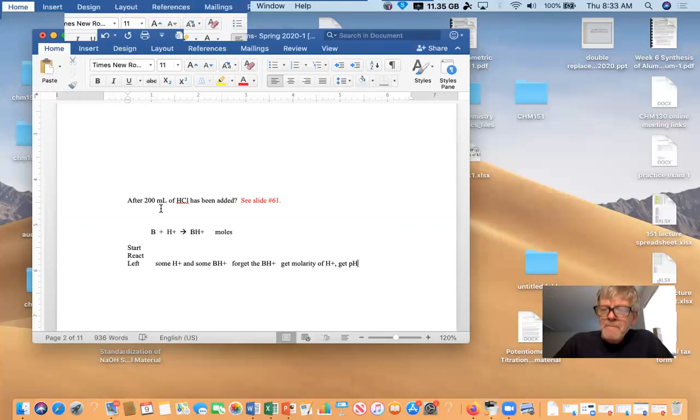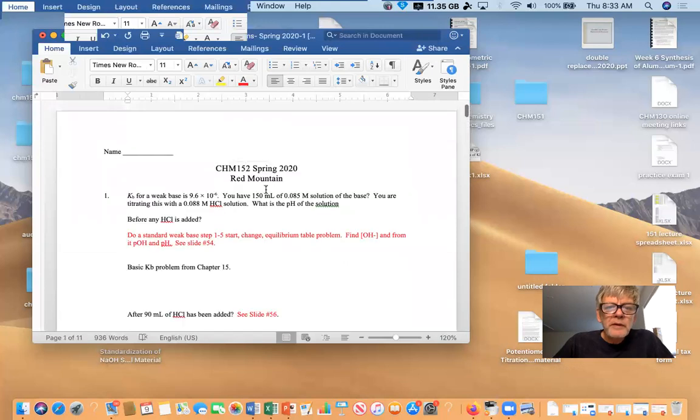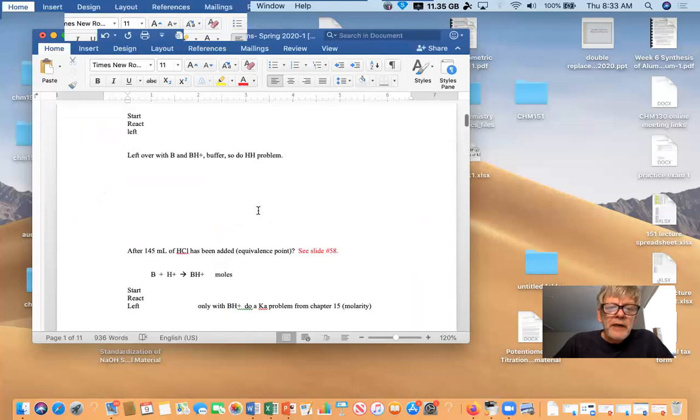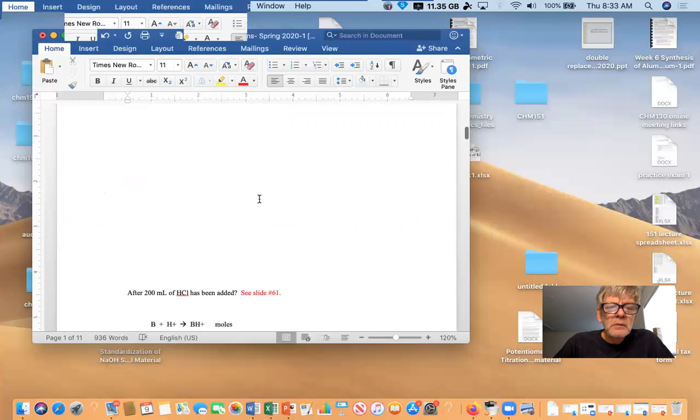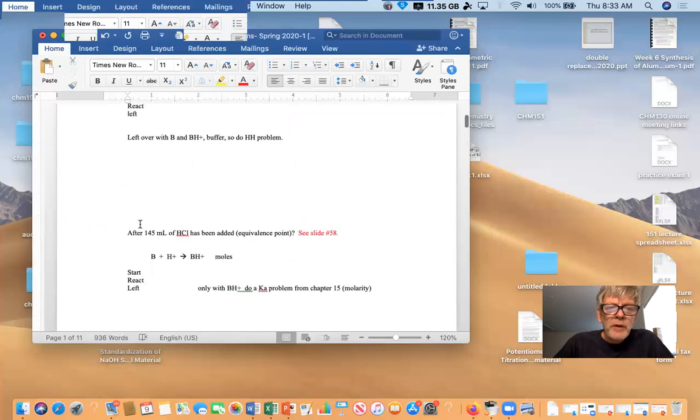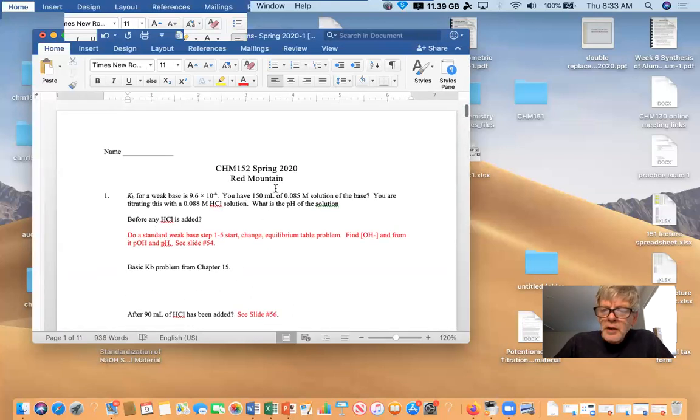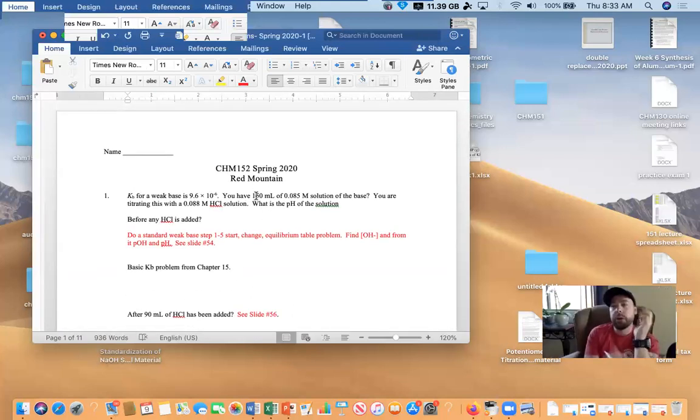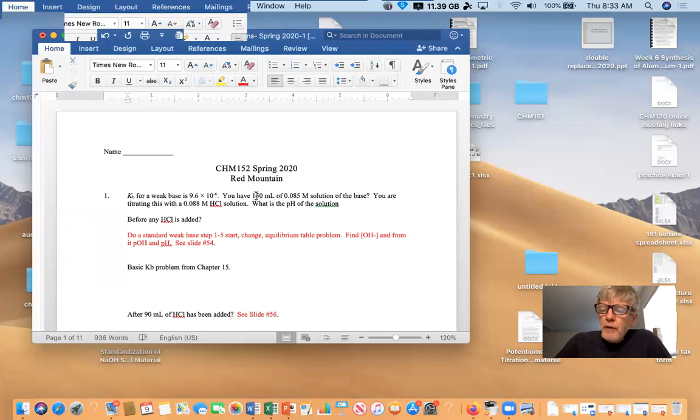So we take this 200 plus the original 150 for this calculation. For this calculation, we take the 145 at this point plus the original 150. Okay, so not every single one, just the two, it's a running volume.